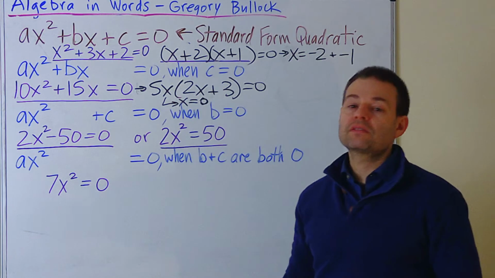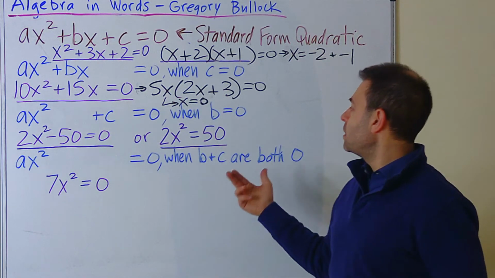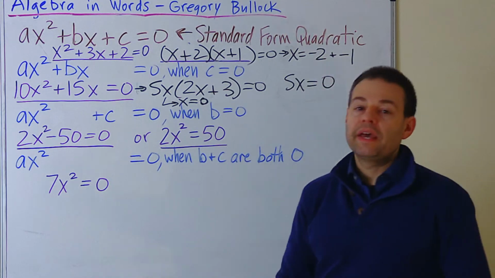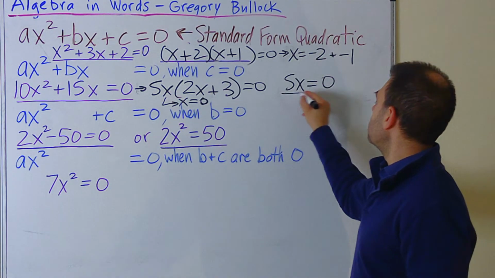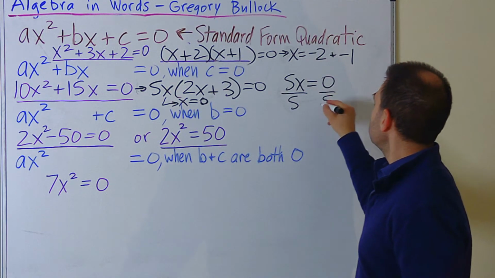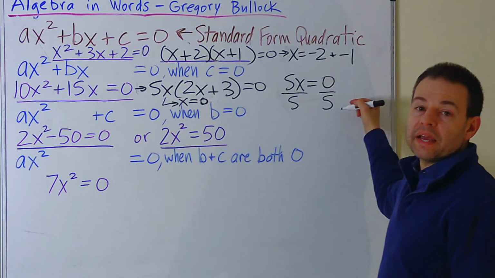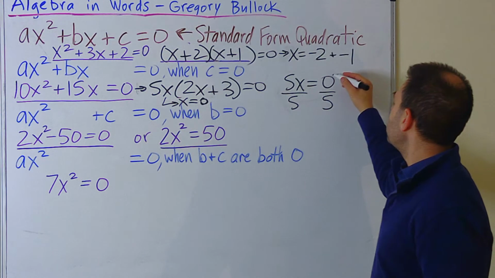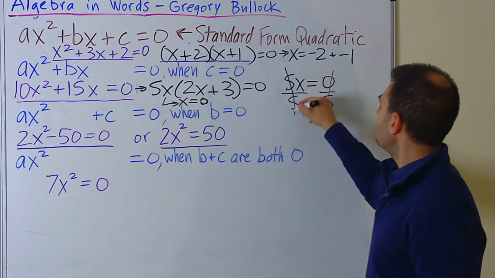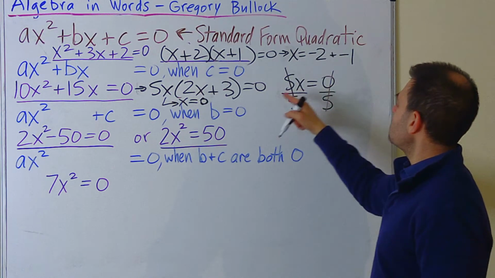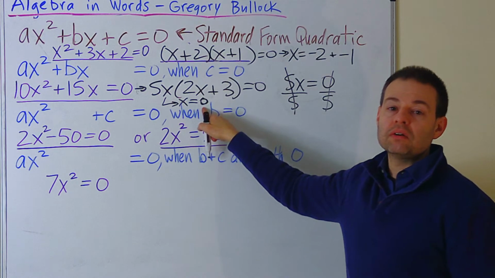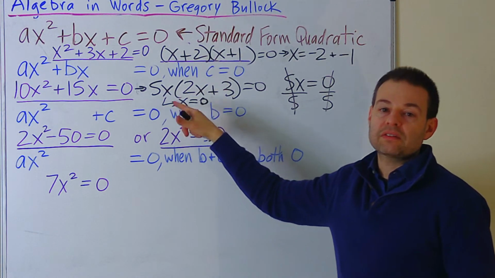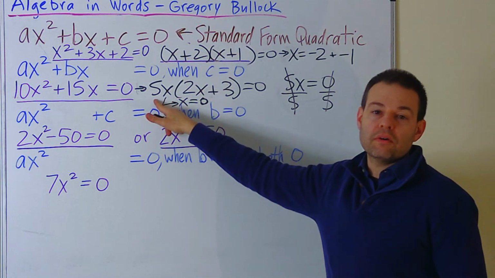So 5x is a factor, and if you set it equal to 0 and wanted to isolate x, you would divide both sides by coefficient 5, and 0 divided by almost any number, with the exception of 0, is 0. 0 divided by 5 becomes 0, so 5's cancel to 1, so this would be x equals 0. And we always know that this first factor will result in x equals 0, whether there's a coefficient or not.